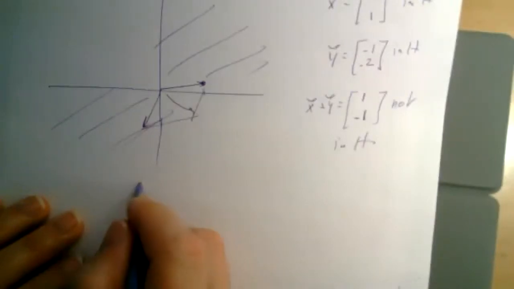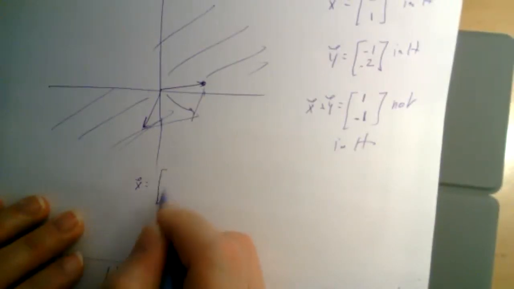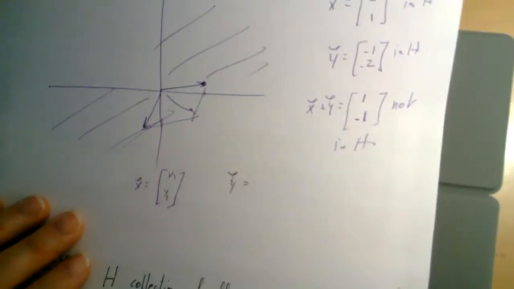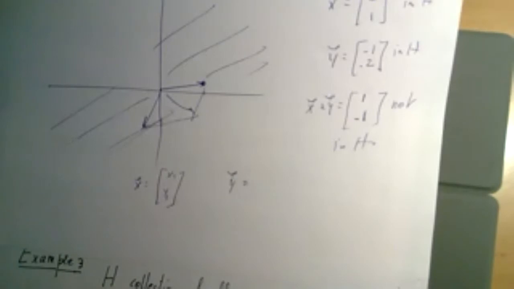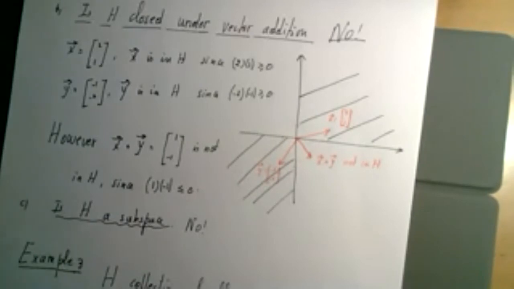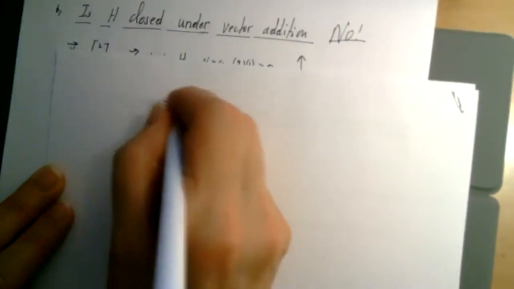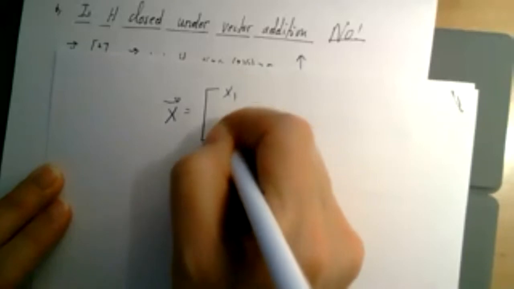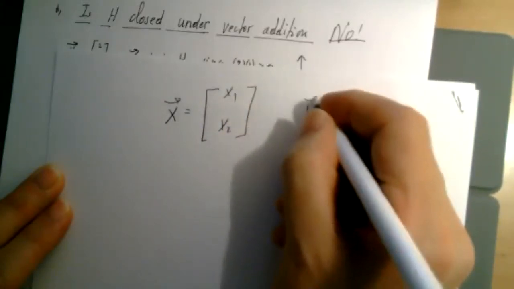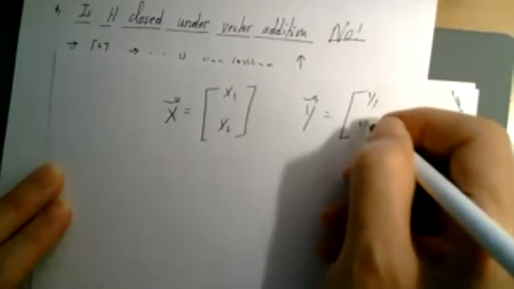Okay, let us say we didn't see it geometrically, and we're thinking about this really algebraically. Where will things fail? So suppose I start with x = (x1, x2) and y = (y1, y2).